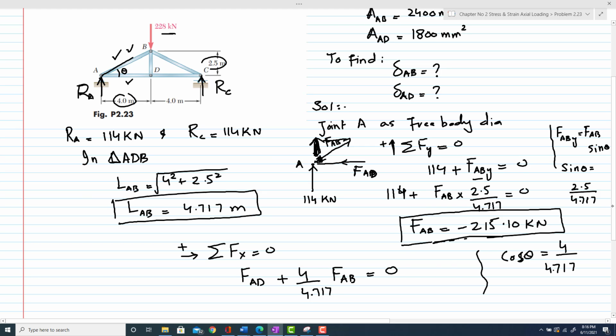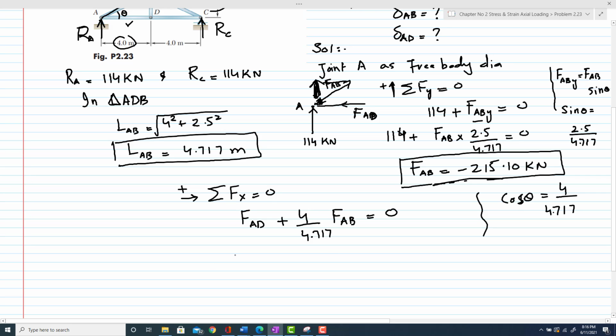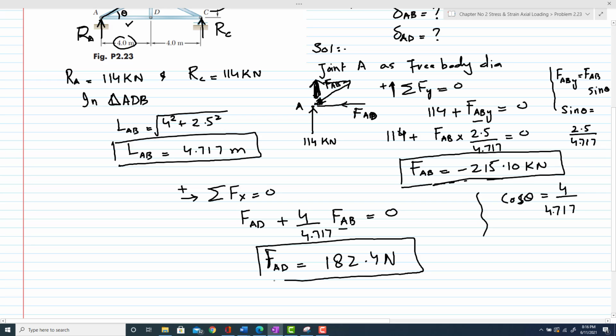So with FAB known, you calculate FAD. FAD comes out to be plus 182.4 kilonewton, because this term goes to the other side as negative, and negative becomes positive.